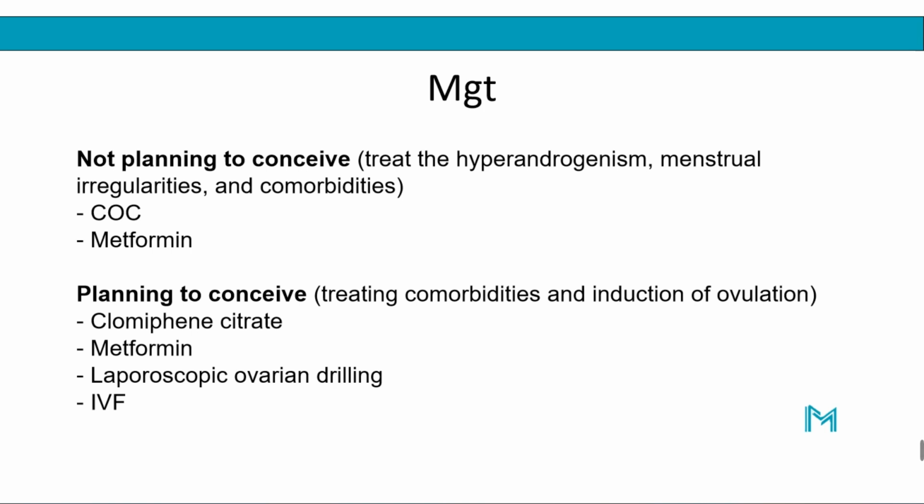And the first line medication for ovulation induction in this patient is clomiphene citrate. Clomiphene citrate is an anti-estrogen medication that blocks estrogen receptors at the hypothalamus level.